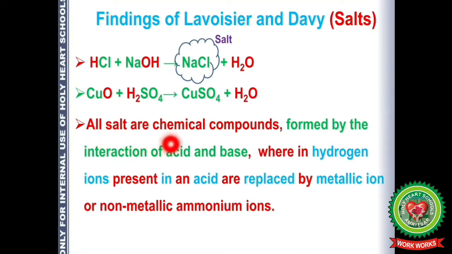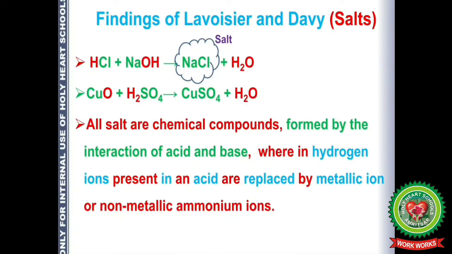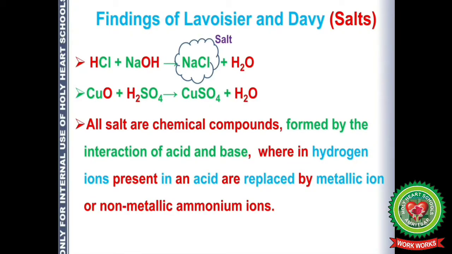So we can conclude that all salts are chemical compounds formed by the interaction of acids and bases, wherein hydrogen ions present in an acid are replaced by metallic ions or ammonium ions. So what we can see here is the hydrogen ion in H2SO4. In H2SO4, H is replaced by copper. So like this the salts are formed.